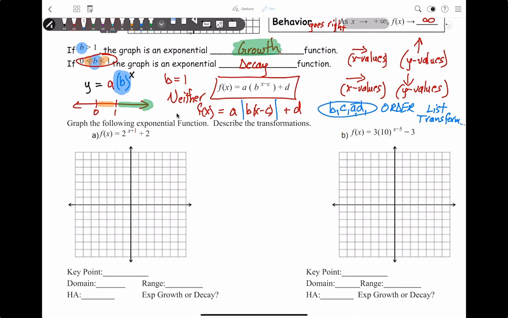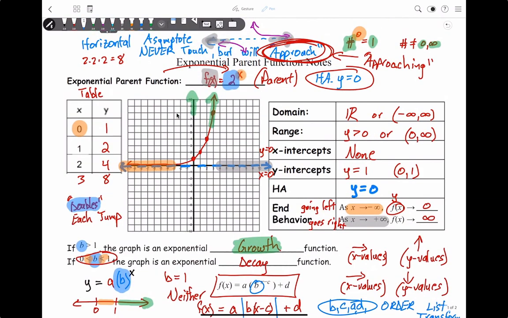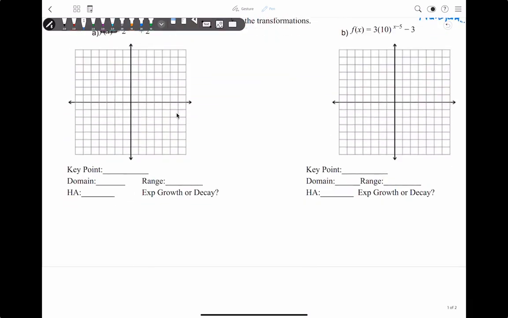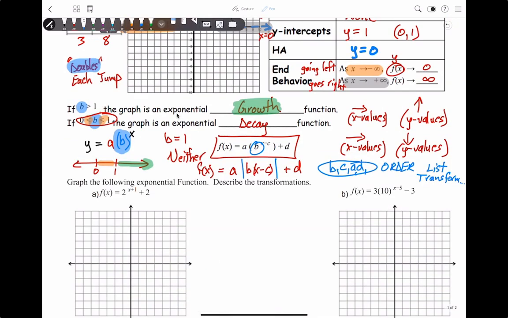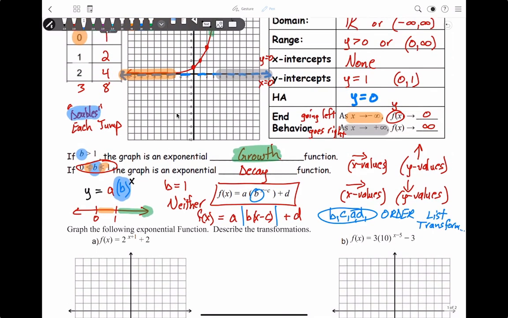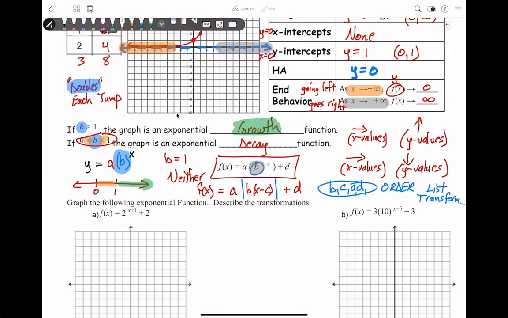Well, this one's just slightly different, because b in this equation is our base. This is going to tell us whether it is doubling, tripling, quadrupling, because it's that number here. Like we have 2, meaning it was doubling each time. Well, that's what I'm talking about here. This b is not a transformation. I want you to look at this b right here. Let me highlight it in gray. I want you to think of that b as the default parent function.